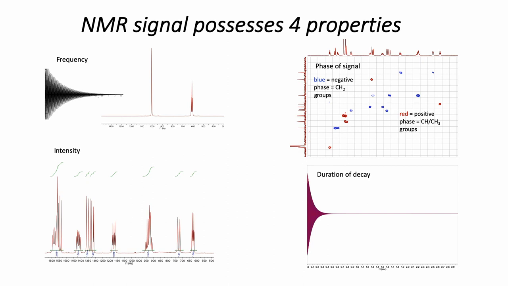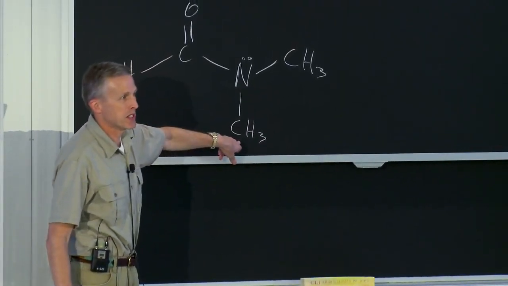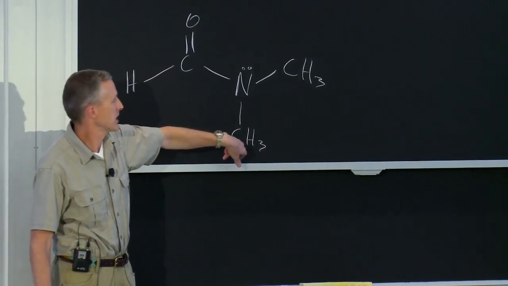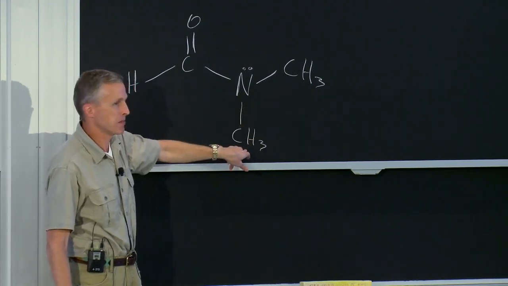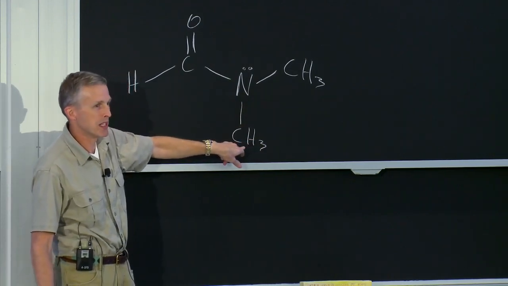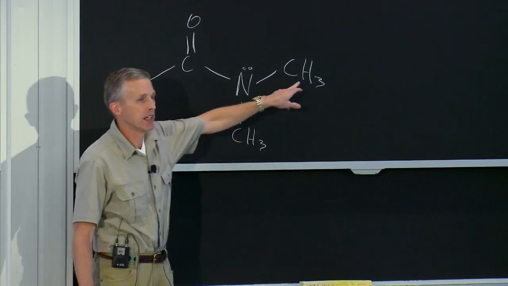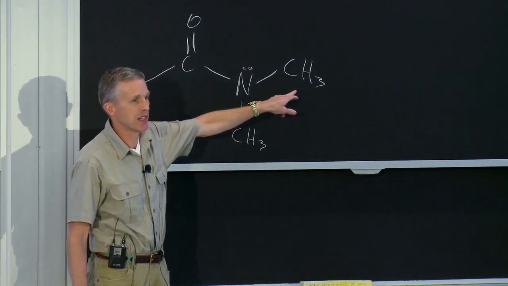And that doesn't mean just every nucleus that's in there, but specifically, for instance, if you've got one signal from this group of protons and one signal from this group of protons, their intensity is going to be equal because 3 protons gave rise to this signal and 3 protons gave rise to that signal.